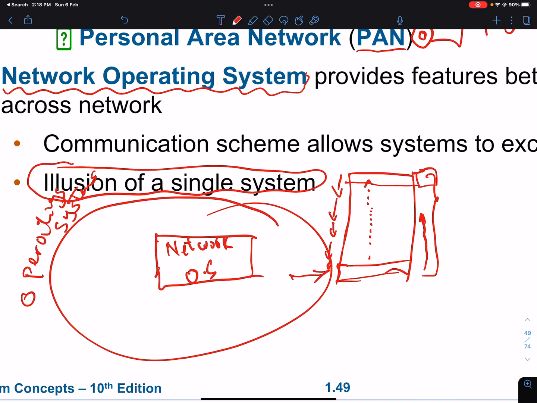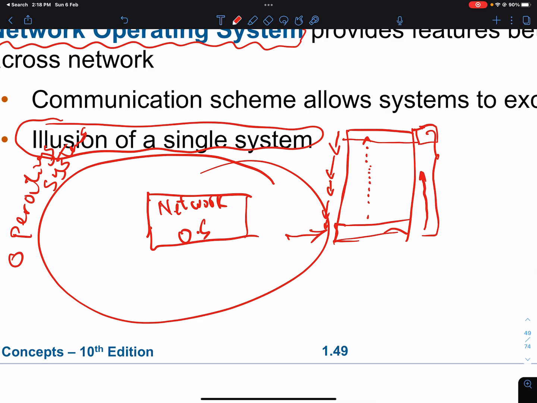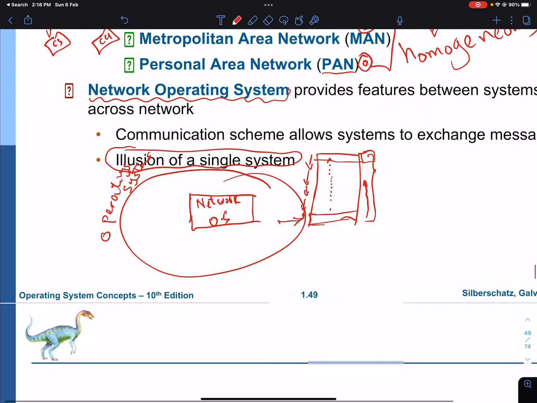You feel that you all are in a single system. It might not be, right? Space-wise and operating system-wise, you could be talking to someone who has Windows while you have Mac or Linux or whatever, and you don't feel the difference. This is also an illusion of a single system.